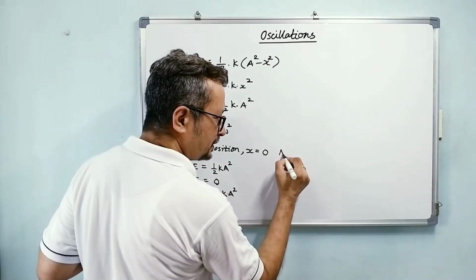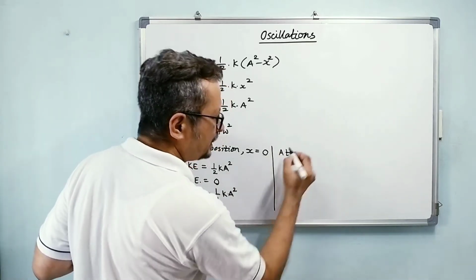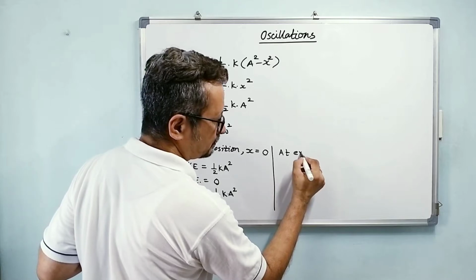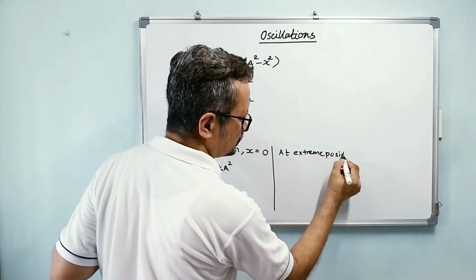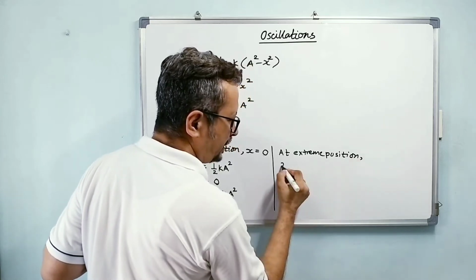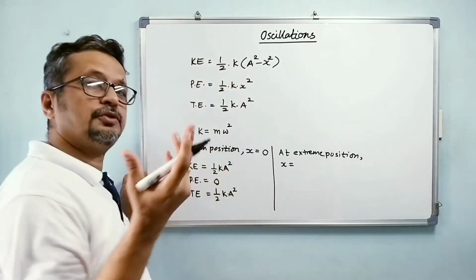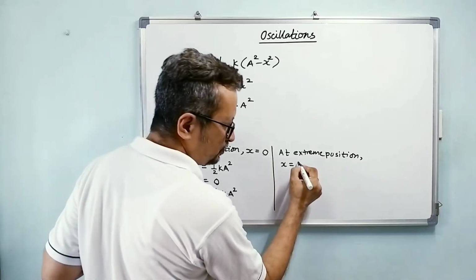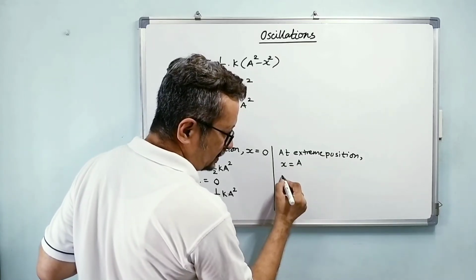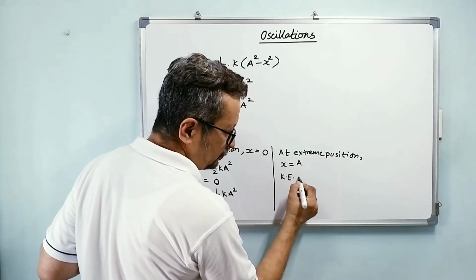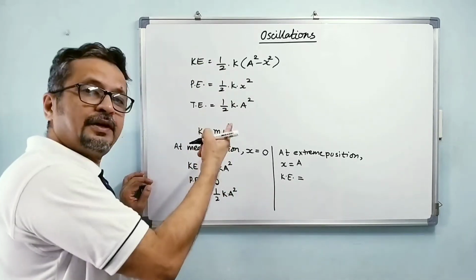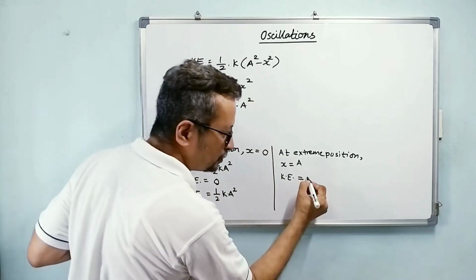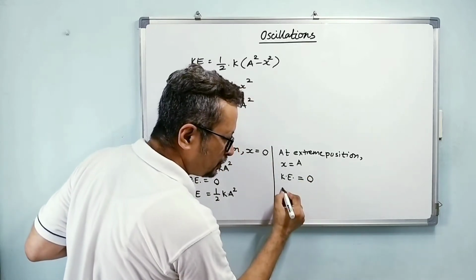At the extreme position, my x is going to be equal to the amplitude, a. So my kinetic energy would be equal to half k (a square minus a square), which is equal to 0. What about potential energy?